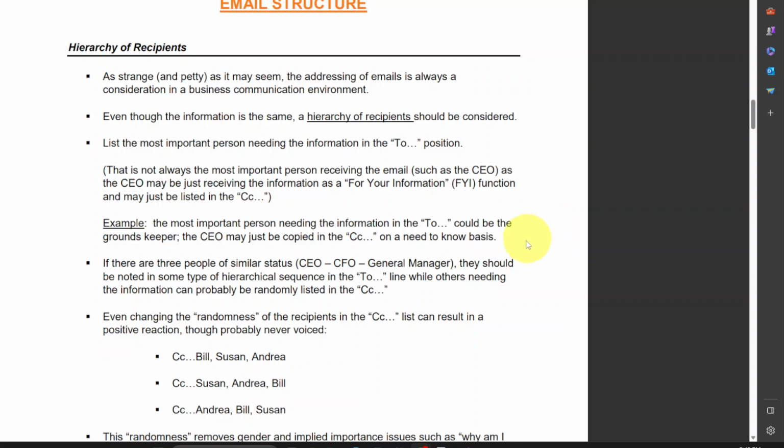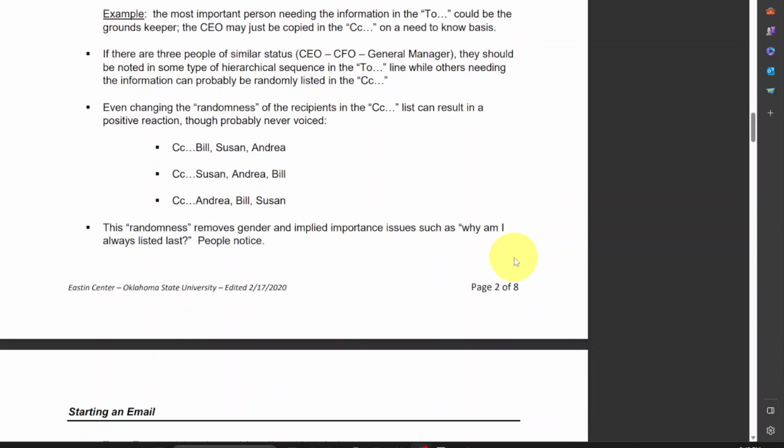Even changing the randomness of the recipients in the CC list can result in a positive reaction, though probably never voiced. Here are the examples: CC Bill, Susan, and Andrea. CC Susan, Andrea, and Bill. CC Andrea, Bill, and Susan. This randomness removes gender and implied importance, such as, why am I always listed last? People notice.